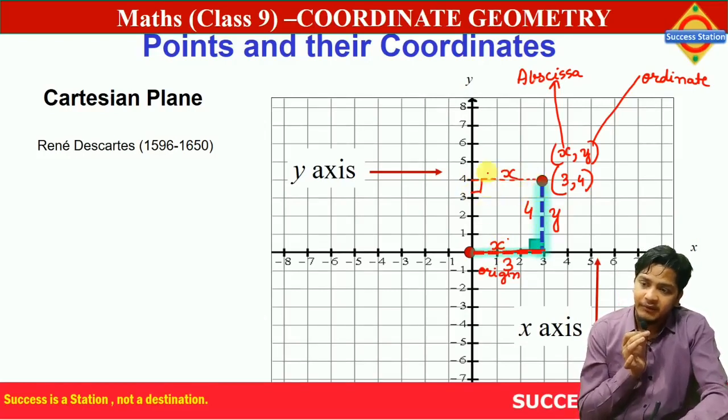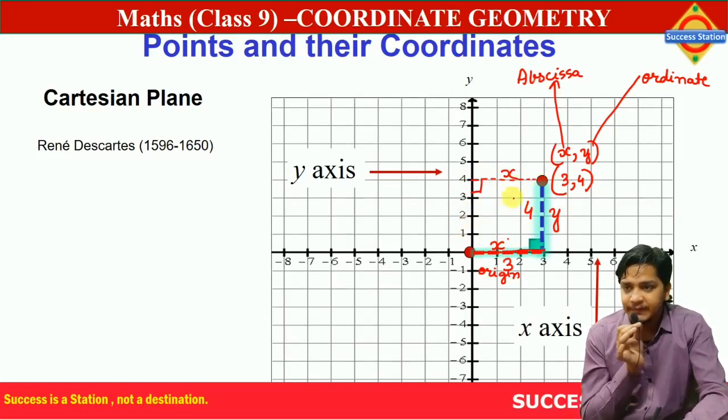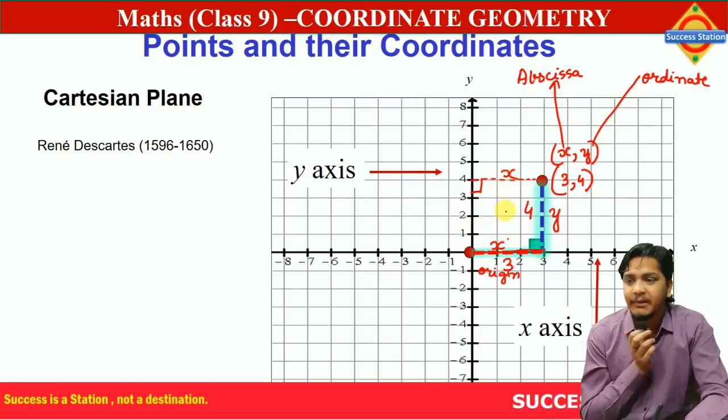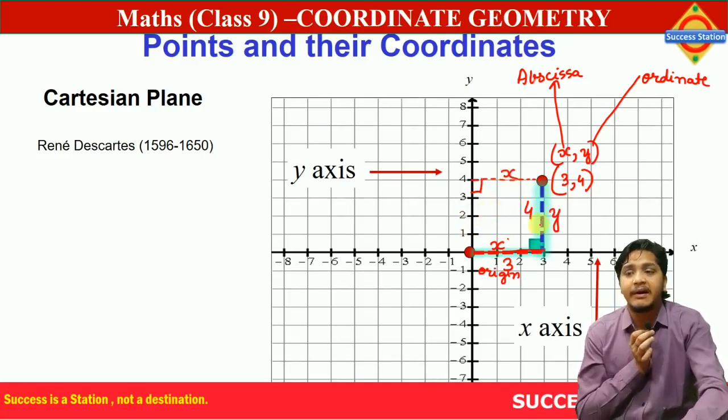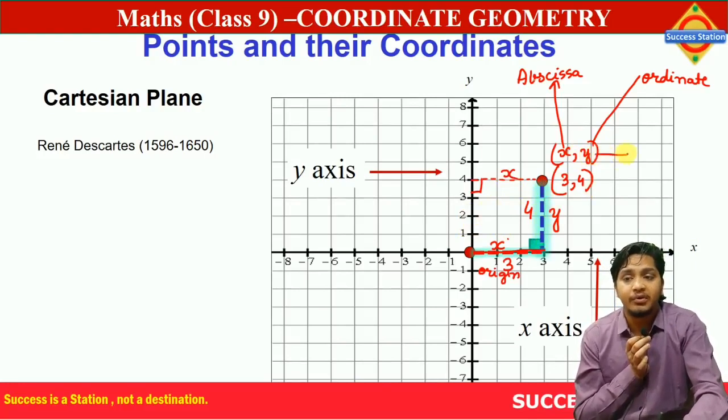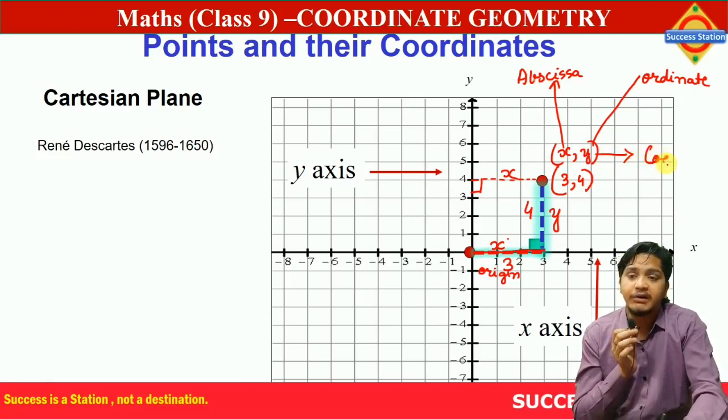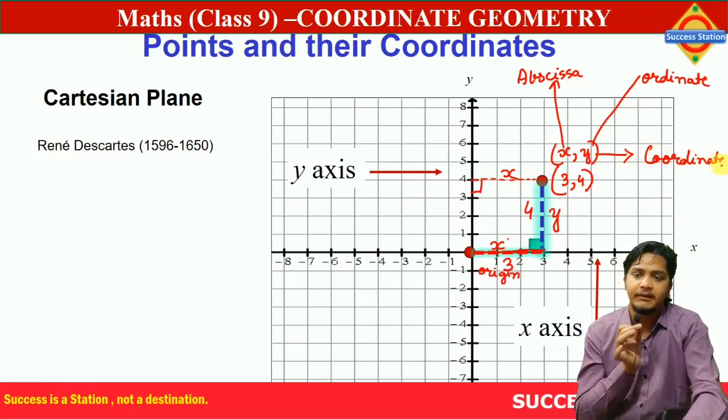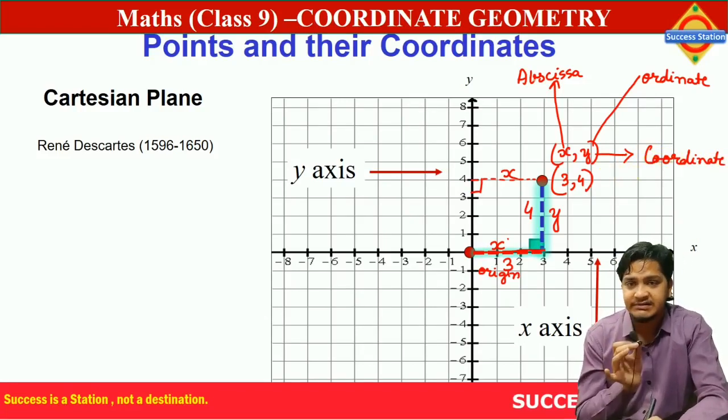From the y-axis only. So this x will be called the abscissa and the y is called the ordinate. And this whole together, the bracket along with x comma y, is called the coordinate. Clear? Coordinate is the address.